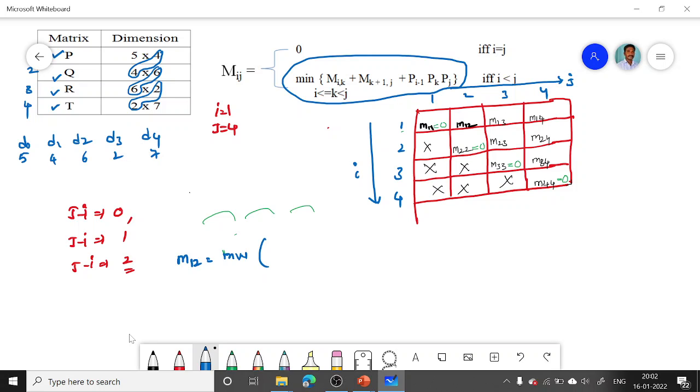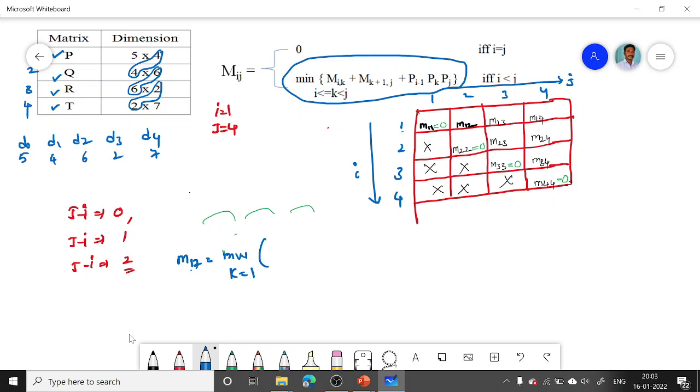What is our K possibility? K must be greater than or equal to I, but must be less than J. What is our J value? 2. What is our I value? 1. So K possibility is not 2 and 1 or more. Now clearly observe. It has only one possibility, that must be K equal to 1.